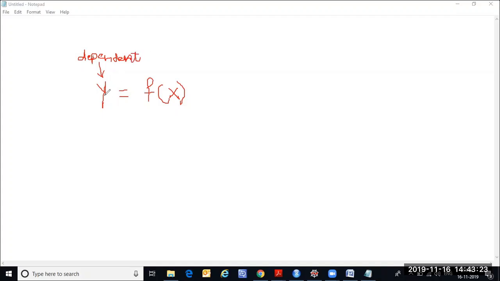The value of y is dependent on the function that you apply on the value of x. Hence, y is called the dependent variable and x is called the independent variable.